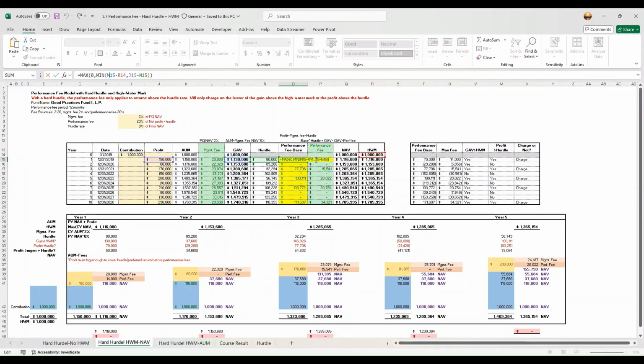So we pick up the lesser of these two numbers as our fee base. And whenever there's a positive number in the fee base column, we make it times 20% of the performance fee rate.